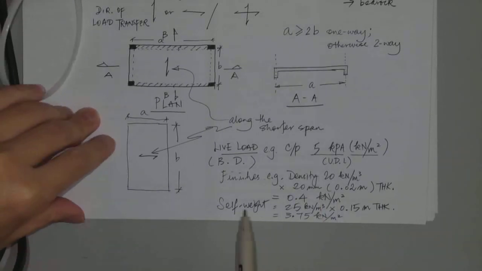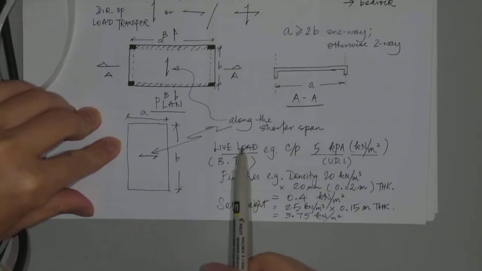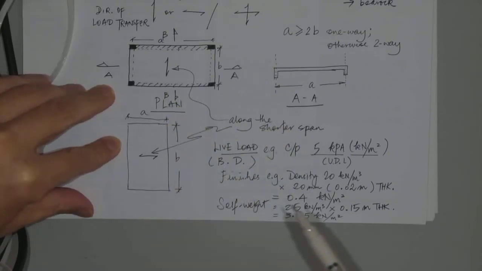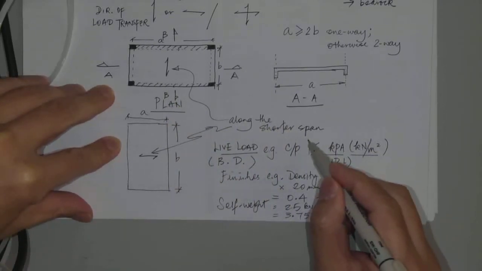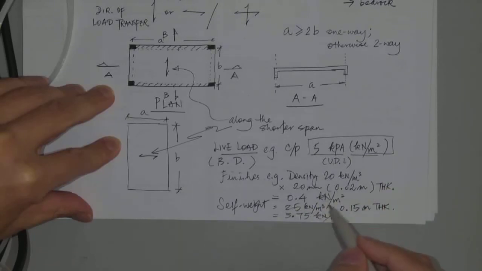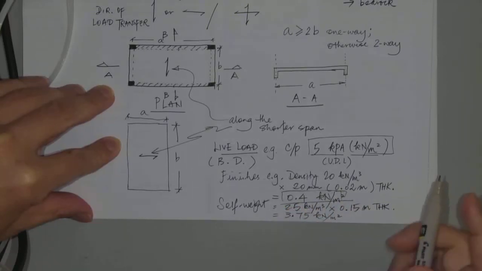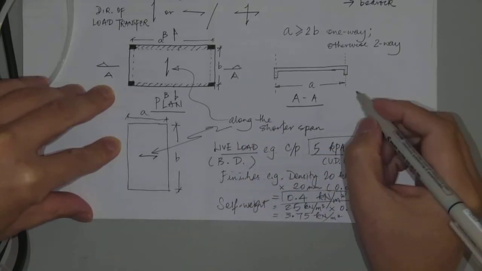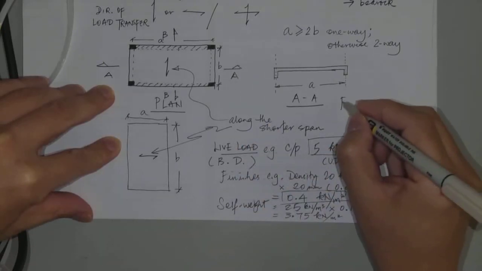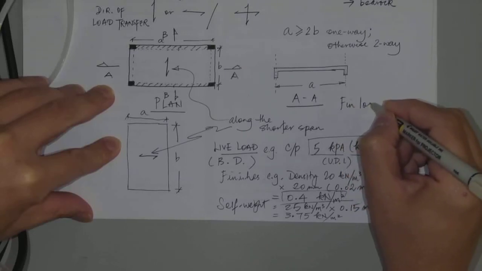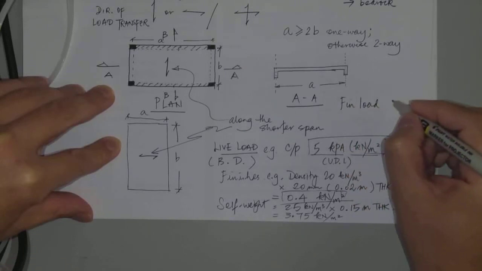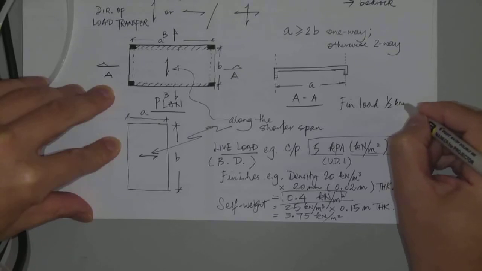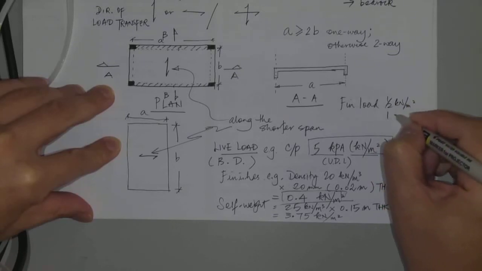So at least you should now have an idea of the loading on a slab, something about the magnitude. Right, finishes usually in building construction, 0.4 is a bit on the low side. So usually in practice, the finishing loading is at least half a kilonewton per meter square or 1 kilonewton per meter square.